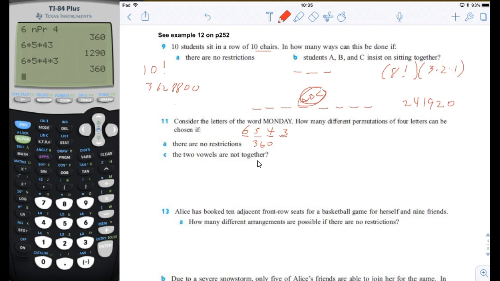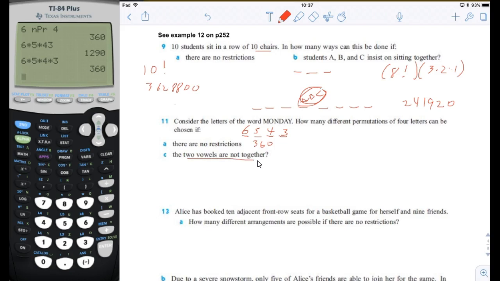You have the scenario where both vowels are chosen and you need to worry about it. Sometimes what's easier to do is to take the opposite of what they're saying and figure out how many permutations there are for the opposite situation, and then just subtract that from the total, and sometimes that's easier. So let's try that. So the opposite of 2 vowels are not together is that 2 vowels are next to each other, okay?